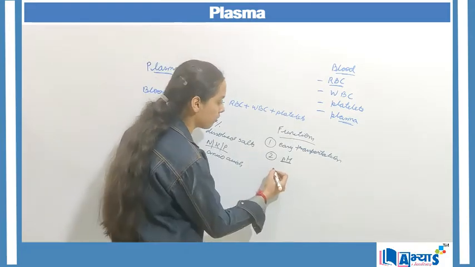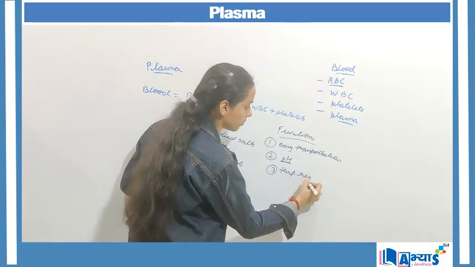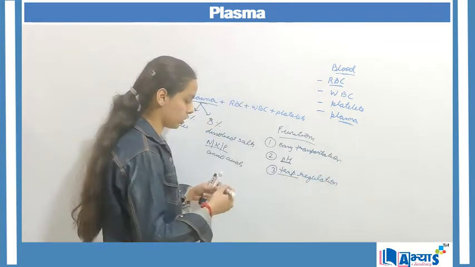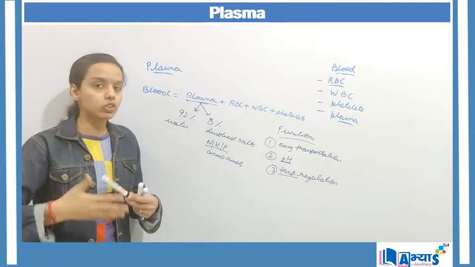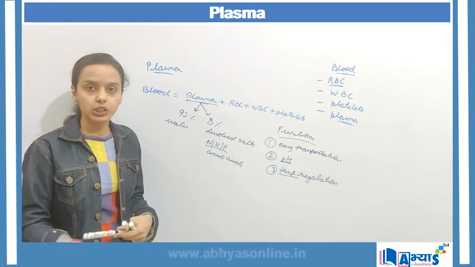The third important function of plasma is temperature regulation. It is clearly visible, because blood transports different substances throughout the day in various parts of the body.